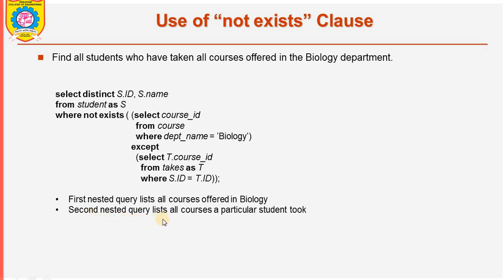The second query lists all courses a particular student took, meaning here we are only interested in biology instead of other courses. So all courses will be taken and only biology will be taken from these courses. Hence not exists is working, in terms of a reverse of the exists case. If this S.ID and S.name do not exist in the output of the inner query, then it will return true.